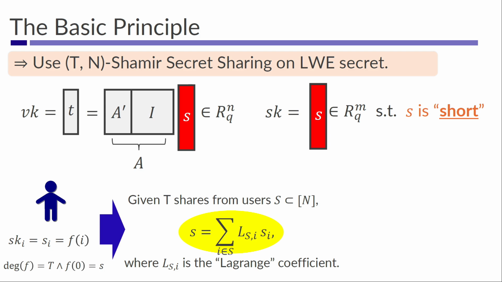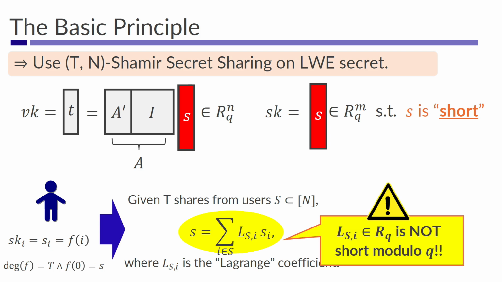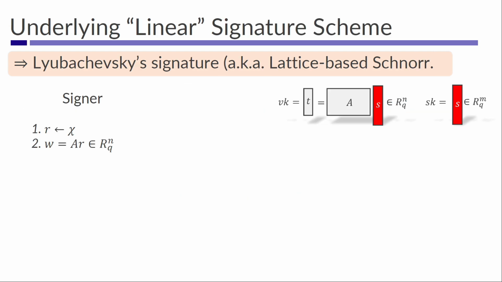And importantly, from polynomial interpolation, given t shares from a user set of size t, we can efficiently compute the Lagrange coefficients to recover the original secret s. This will be very important for later use cases, but this Lagrange coefficient is not small over this polynomial ring. This will be very important for security later on, so this is something I would like to highlight.